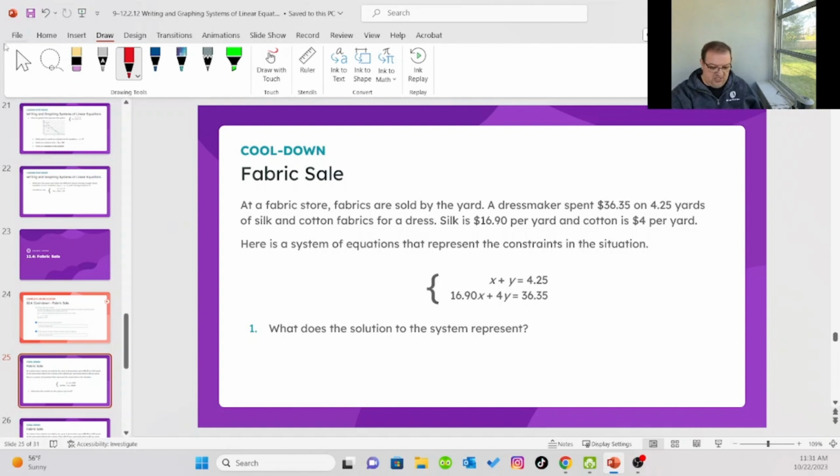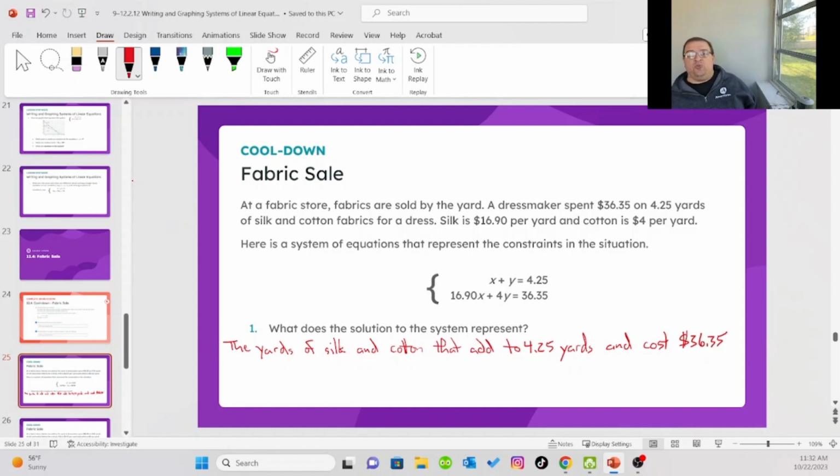Well, this will represent the yards of silk and cotton that add to 4.25 yards and cost $36.35.